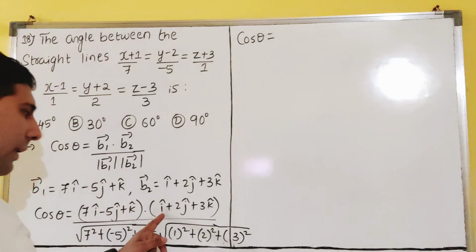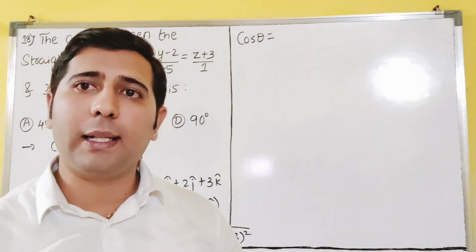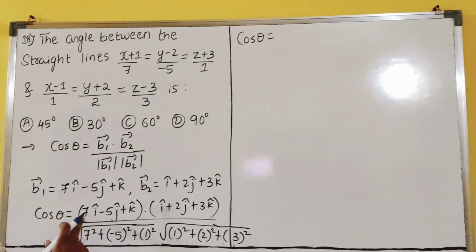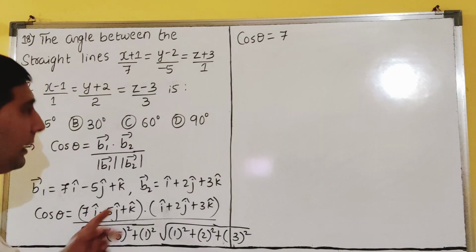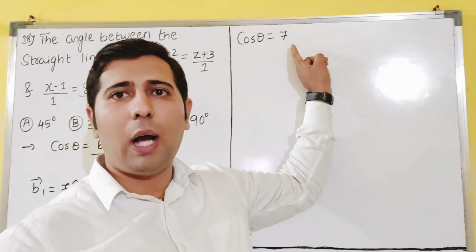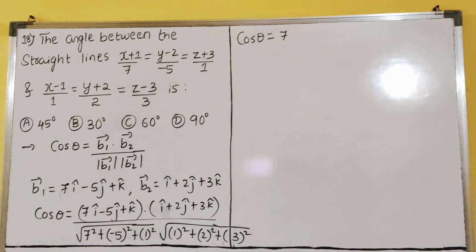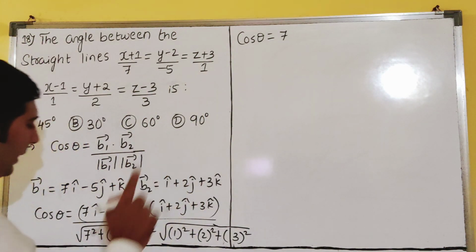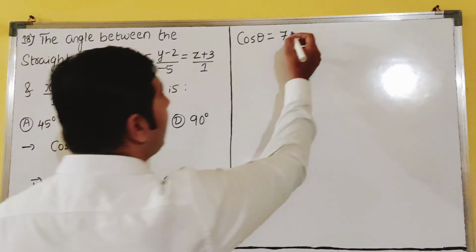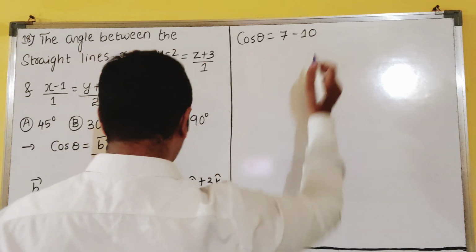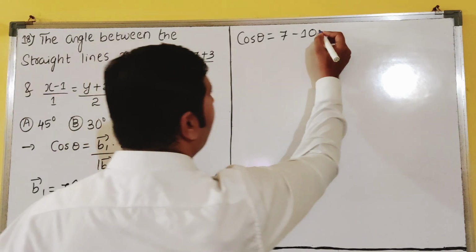i with i is multiplied, i with j gives 0, with others also gives 0, children. So i with i: 7 into 1 is 7. You should not write dot product, it only gives a number. j with j: minus 5 into 2 is minus 10. k with k: 1 into 3.